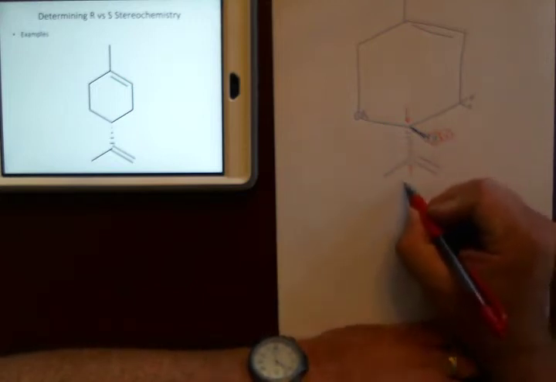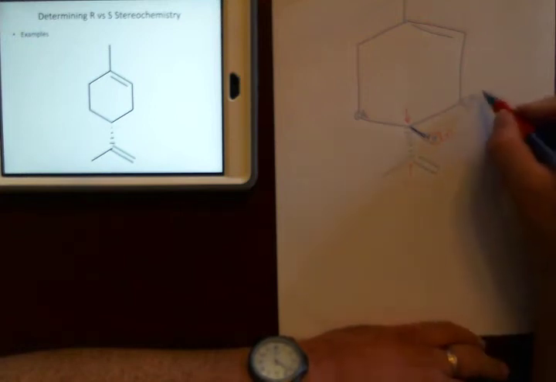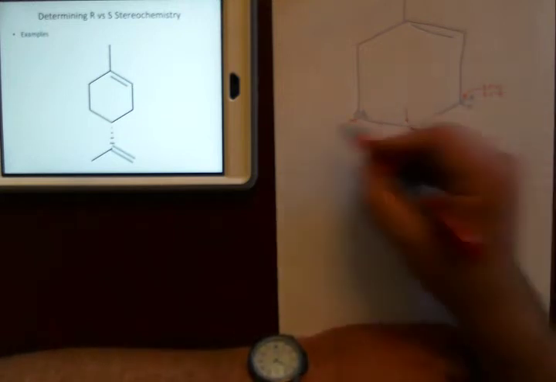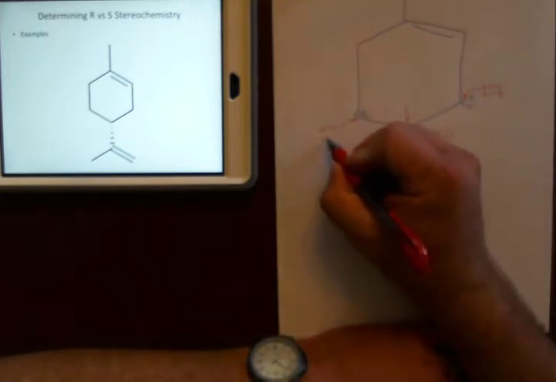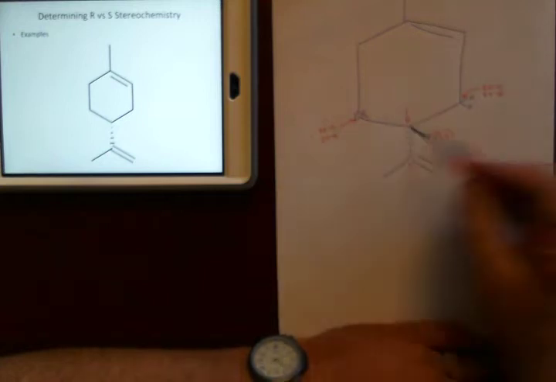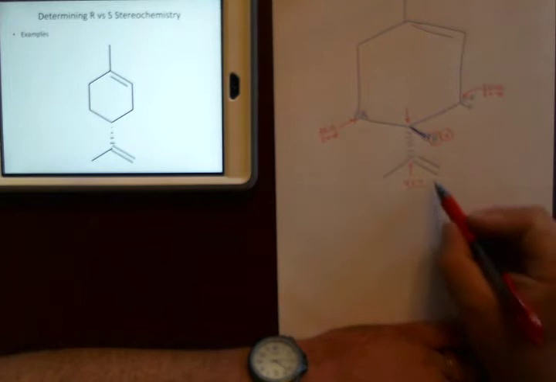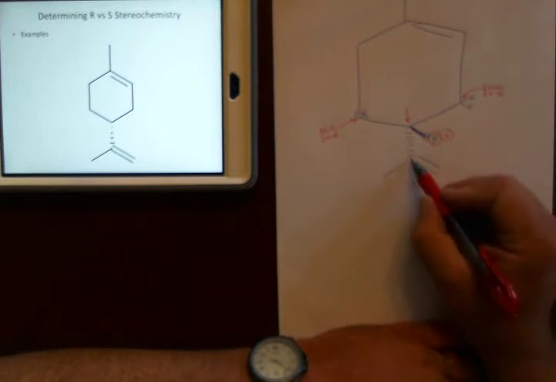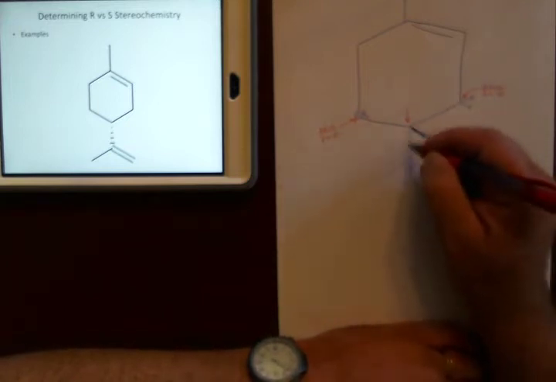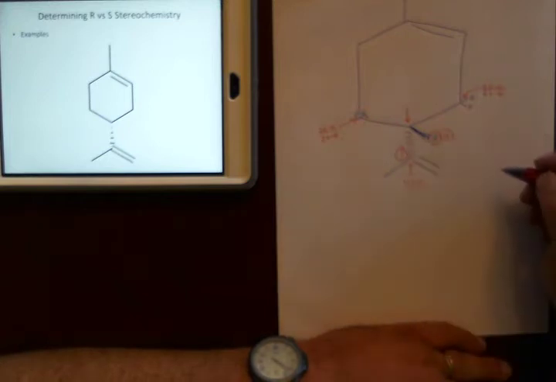So this would be 4 carbon-carbon bonds versus this one here, which is 2 carbon-carbon bonds and 2 carbon-hydrogens. Here, again, it's 2 carbon-carbon, 2 carbon-hydrogens, right? So the carbon-carbons are the heaviest bonds, but this one has 4, while these two only have 2. So that makes this side the number 1 priority.